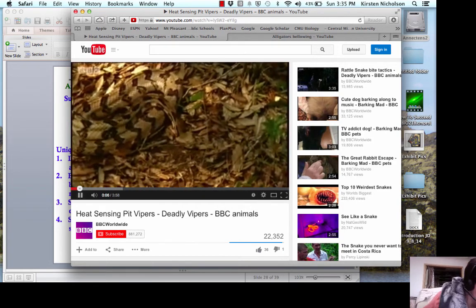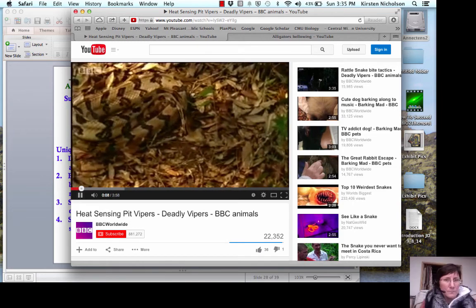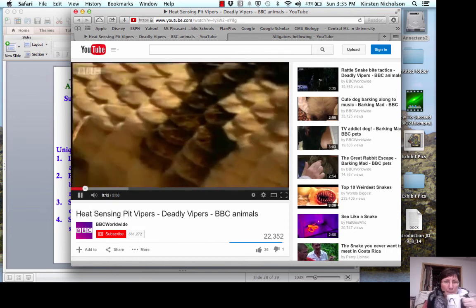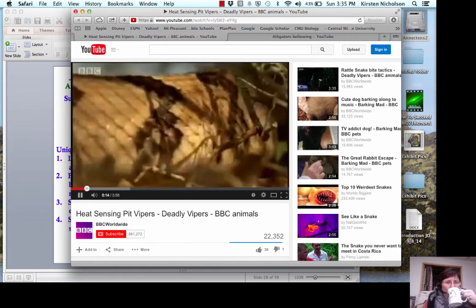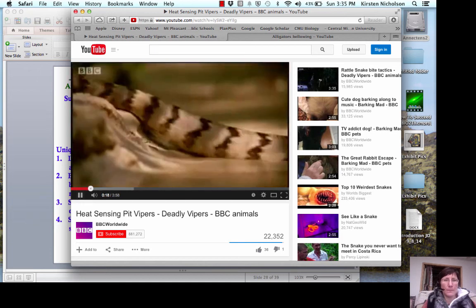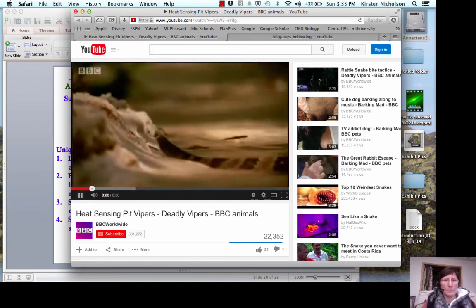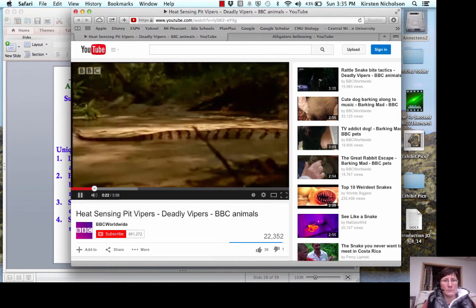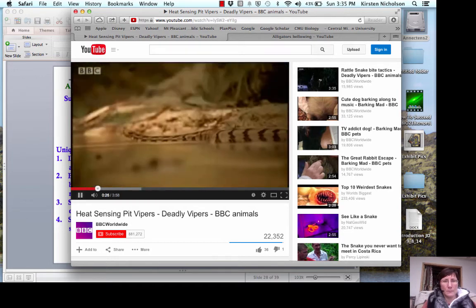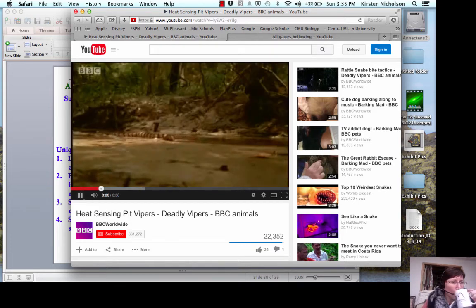Strike at humans to protect themselves. But when they're looking for food, it's a different story. Venom isn't a long-range weapon. Getting close enough to take a shot requires more sophisticated tactics. This is a timber rattlesnake from the Appalachian Mountains in eastern USA.